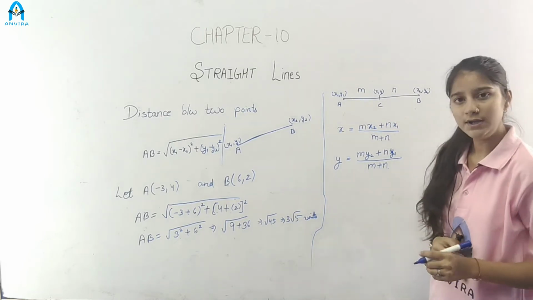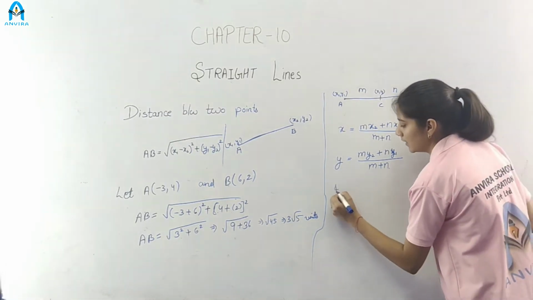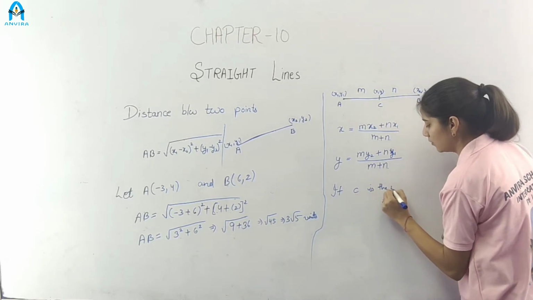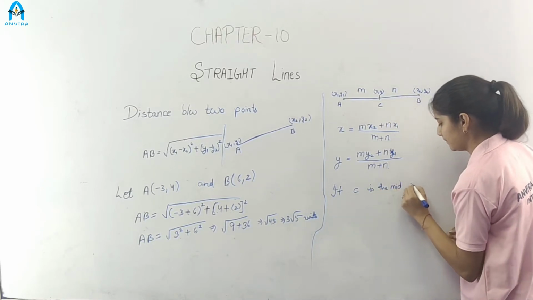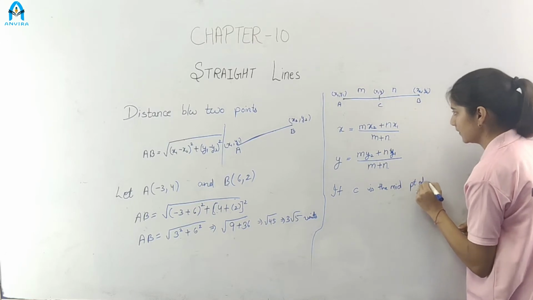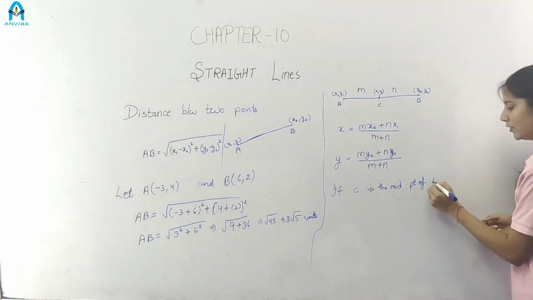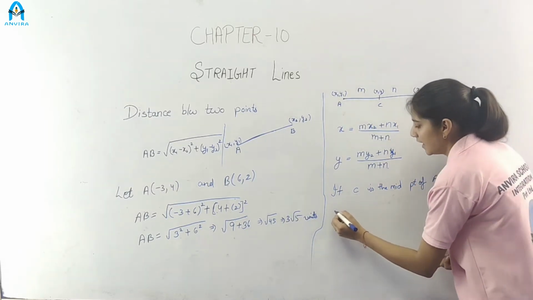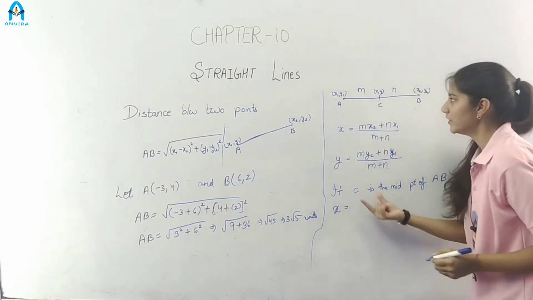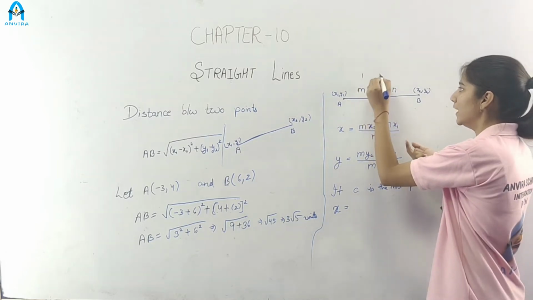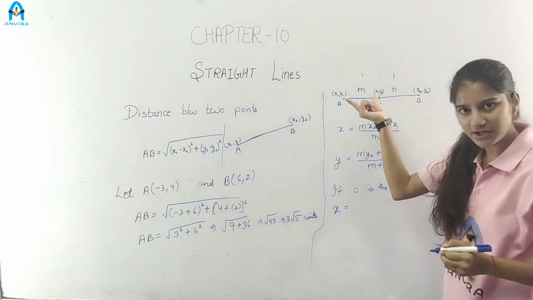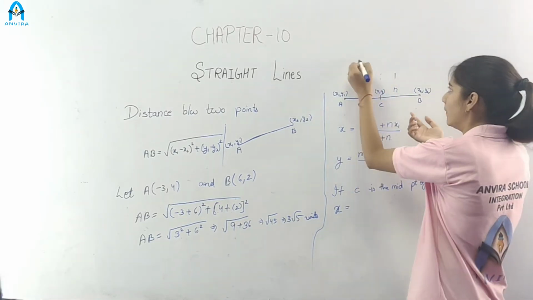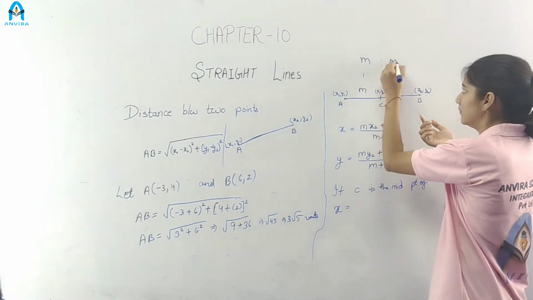If C is the midpoint of A and B, then it divides the segment in the same ratio, either 2:2, 1:1, or m:n.